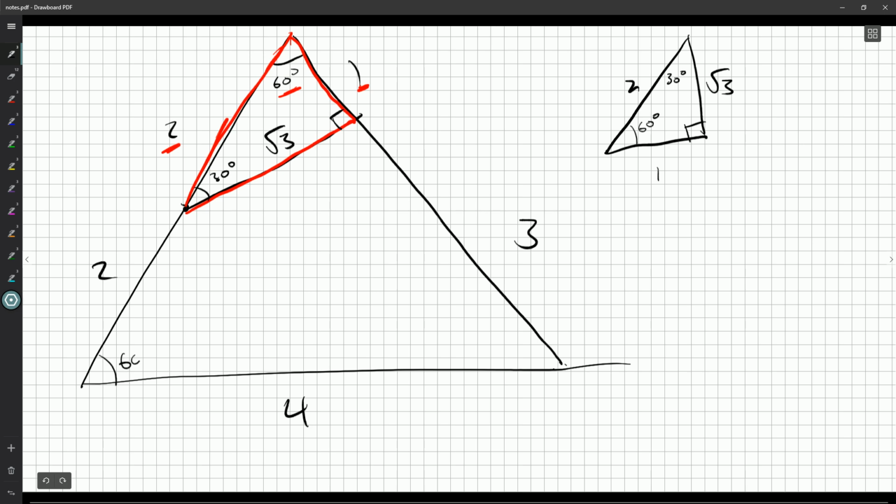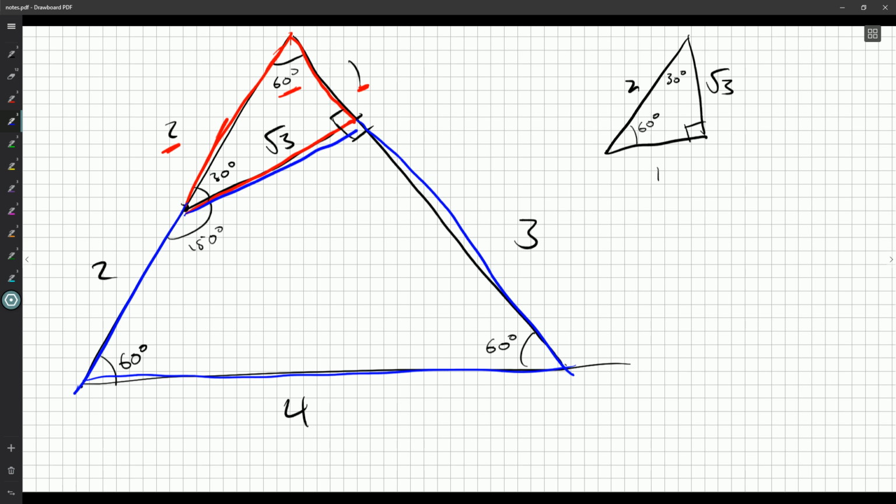This will have to be a 90 degrees, and this will have to be a 150. And with all the sides, the 2, the root 3, the 4, and all the angles here, I know everything really that there is to know about this quadrilateral. So we've got all the information we need. It didn't take that long to figure out.